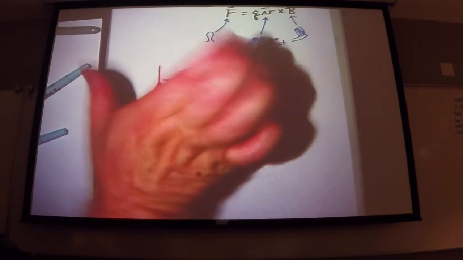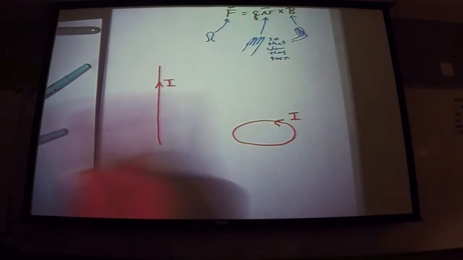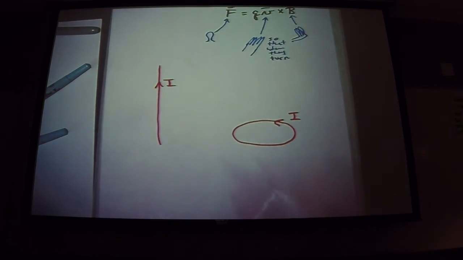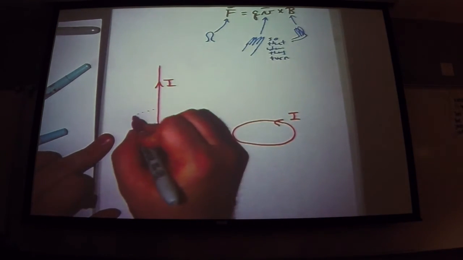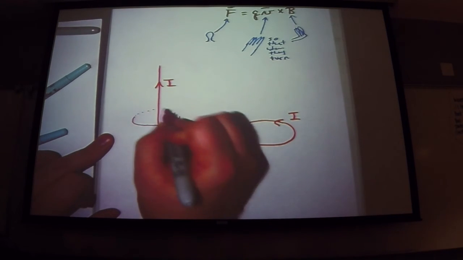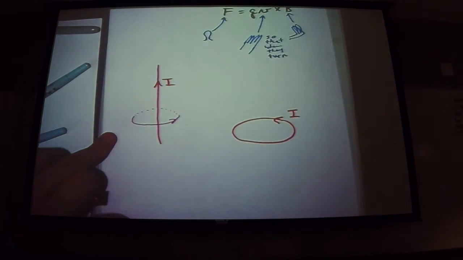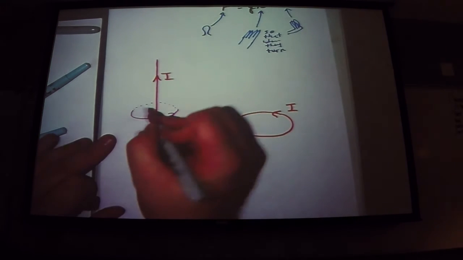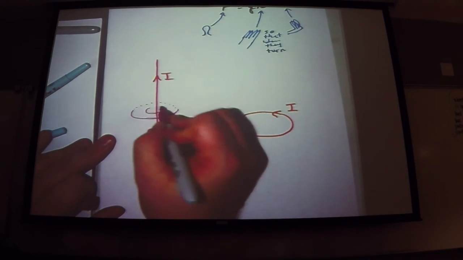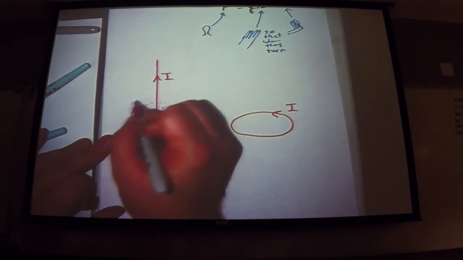So in other words, if I put my thumb in this direction here, then it's going to loop around this loop clockwise like this, or counterclockwise. Drawing a three-dimensional perspective drawing here, okay? Concentric circles.